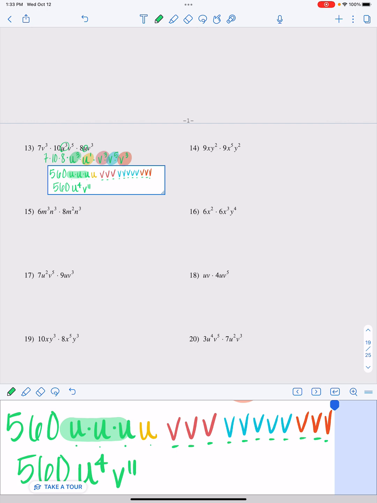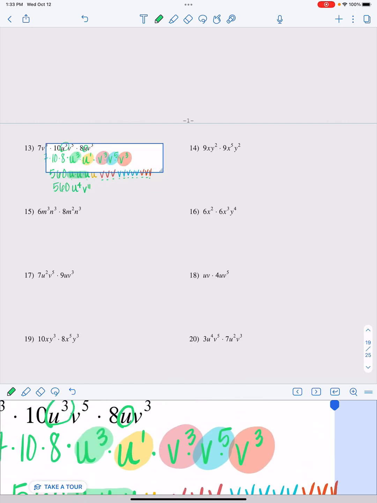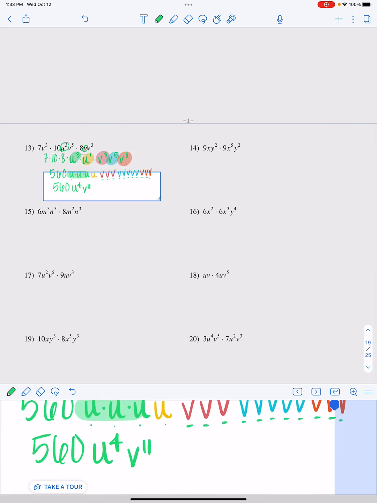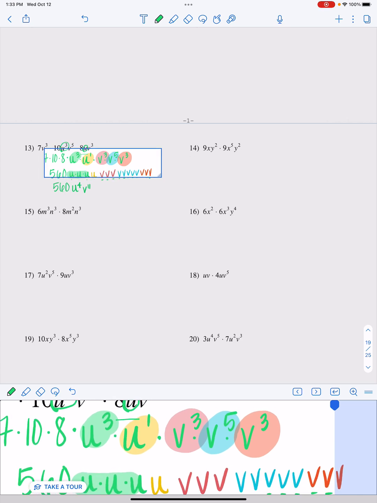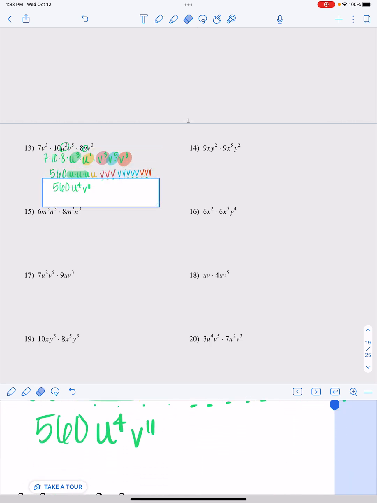If I go and add up my exponents, 3 plus 1 would give me 4. So that checks out. And then if I do the v's, 3 plus 5 is 8, 9, 10, 11 on the v's. So that's the process we're following. It's just shorter to use the rule.